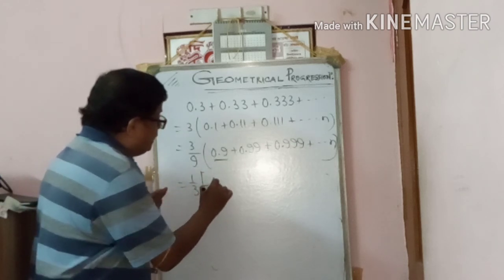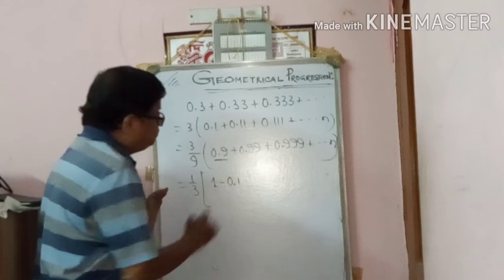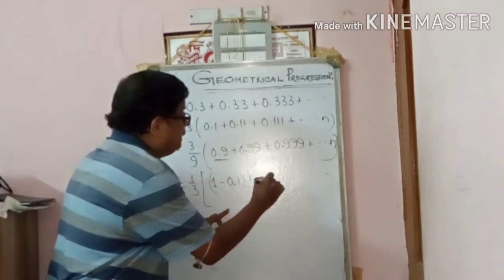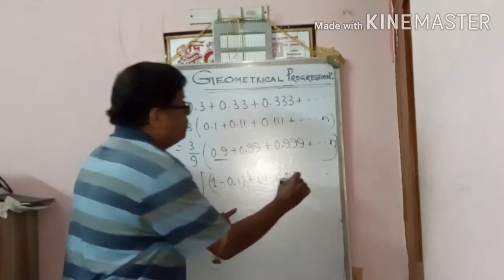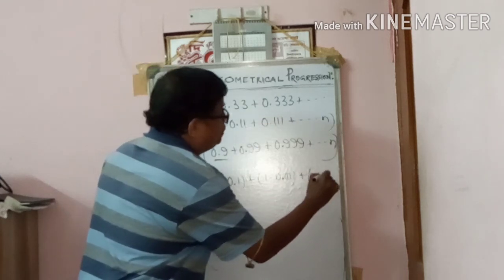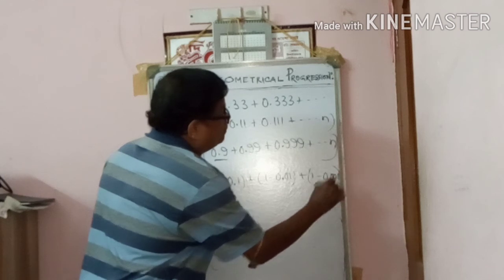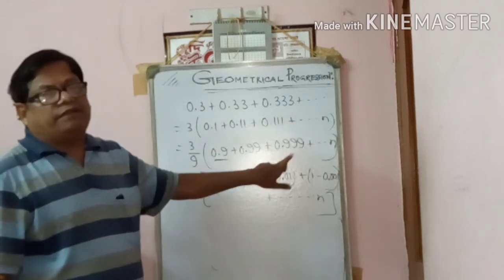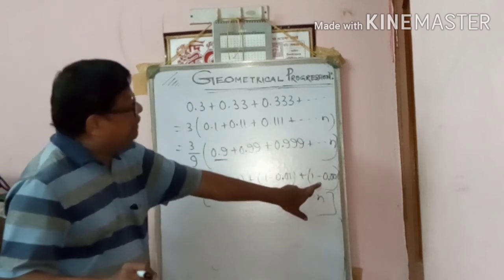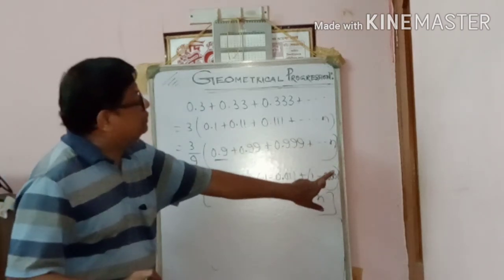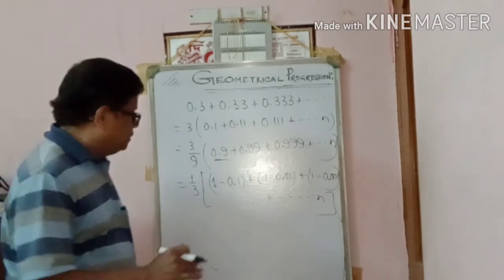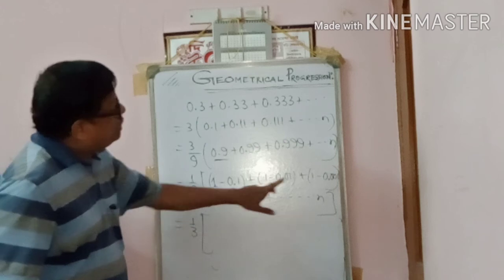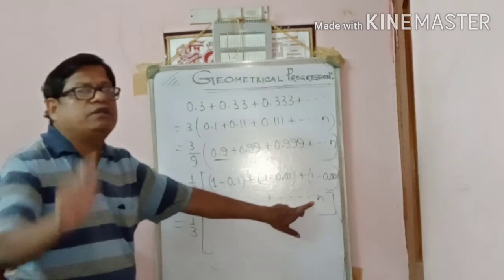So 0.9 we can write as 1 minus 0.1, plus 1 minus 0.01, plus 1 minus 0.001, like that up to the nth term, 0.999, which we can write as 1 minus 0.001. Now 1/3: 1, 1, 1 up to n terms will be n.